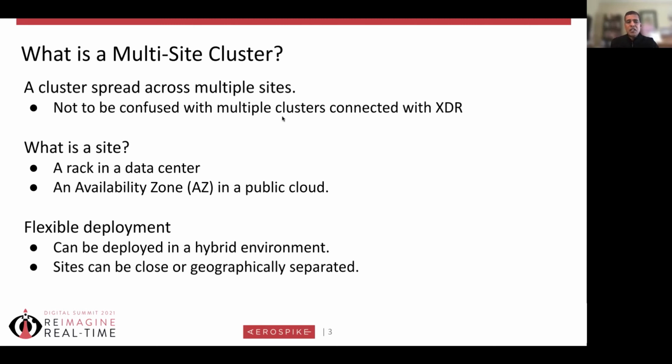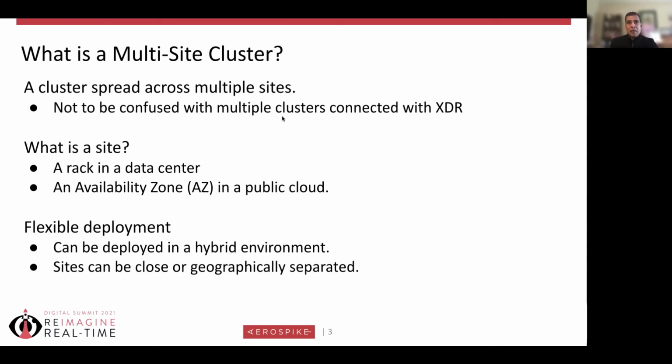So what is a site? A site definition is pretty broad. A site can be a rack in a data center, or it can be an availability zone in a public cloud. And you can have combinations of these. So you can have a multi-site cluster with two racks in the same data center or two racks in different data centers.